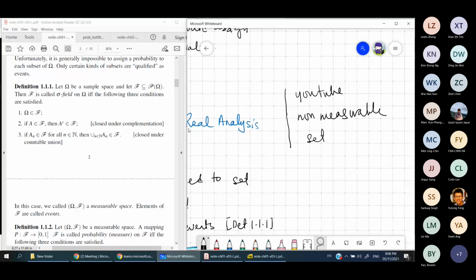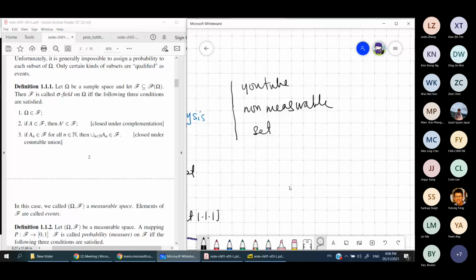In fact, it's almost impossible to see what the thing looks like. We can only know that it's some kind of construction. If you're interested, you may look at it. To be more accurate, search for Lebesgue non-measurable set, and I believe you should be able to get it.